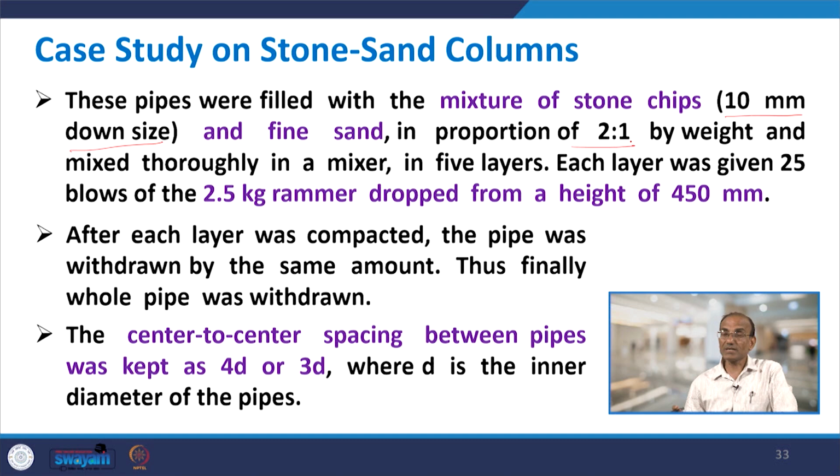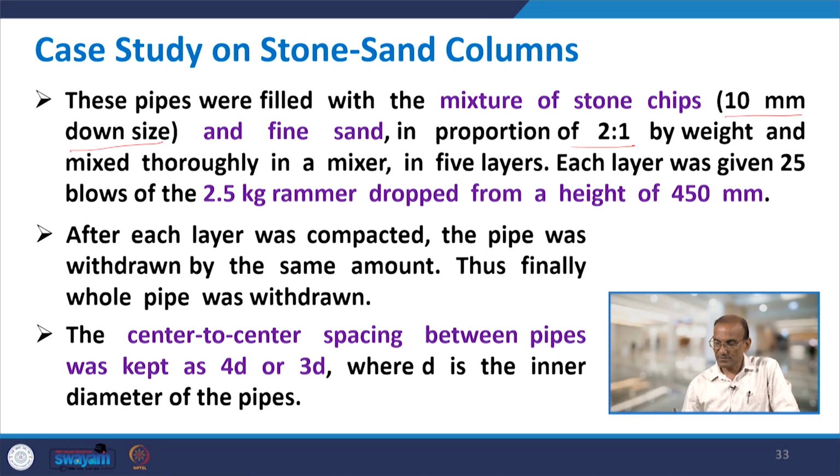That means 2 quantities of gravel and 1 quantity of sand, by weight, and mixed thoroughly in 5 layers. Each layer was given 25 blows using a 2.5 kg hammer, dropped from a height of 450 mm.